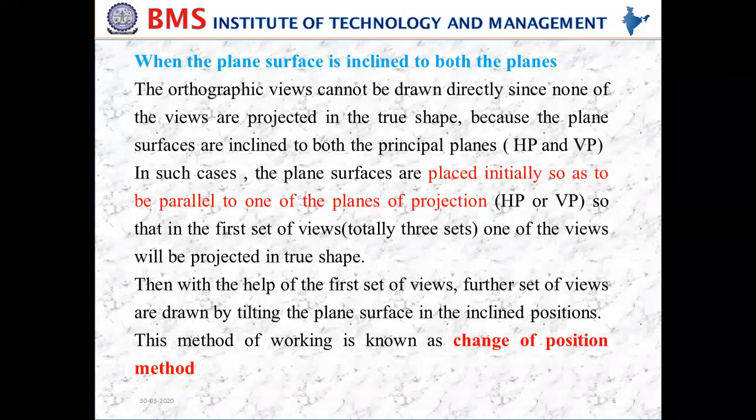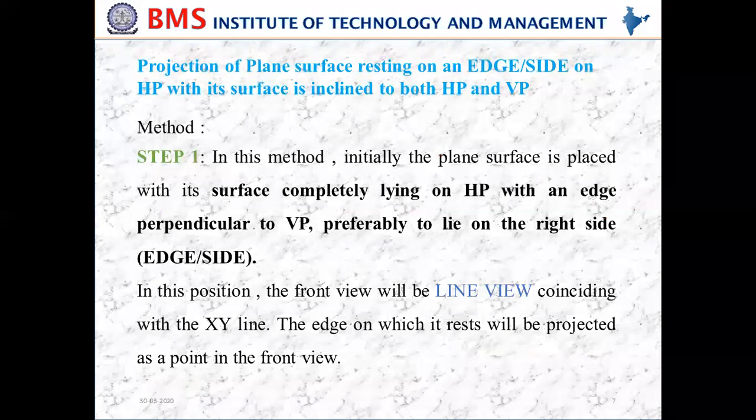Then based on the first set of views, there are totally 3 sets of views. Using the first set, we obtain the other sets of views. That we'll discuss in the change of position method by taking one example, right?